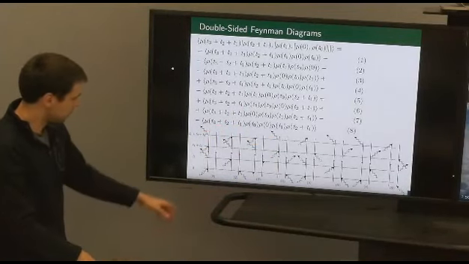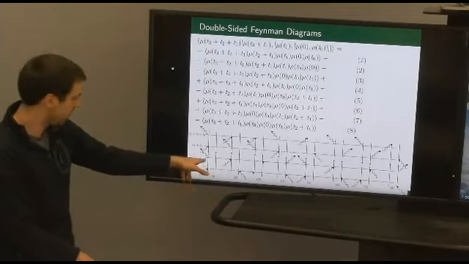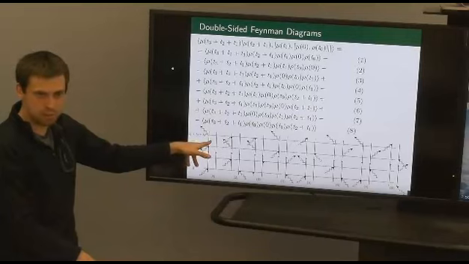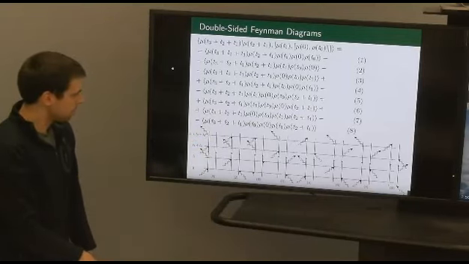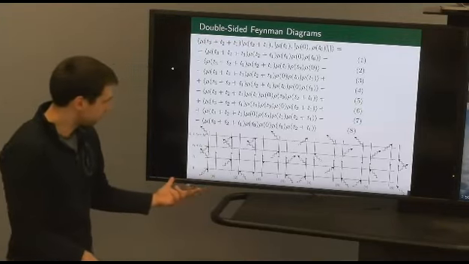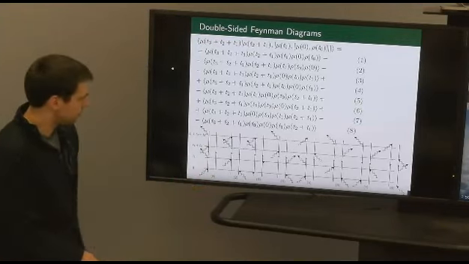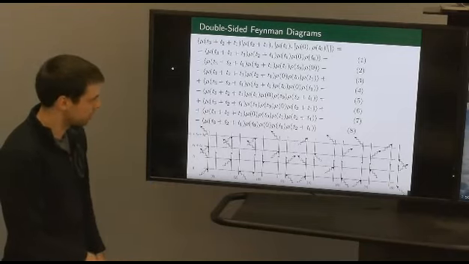So you can think of this as sending a pulse into the system, waiting a little bit, pulse comes out, sending a pulse into the system, waiting a little bit, and pulse comes out. Also diagrams where, for example, 3 pulses leave and 2 pulses come in will also give 0 contributions.